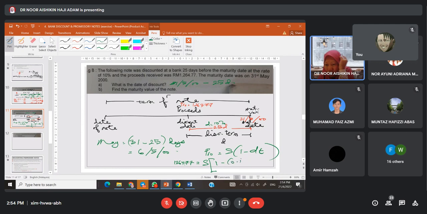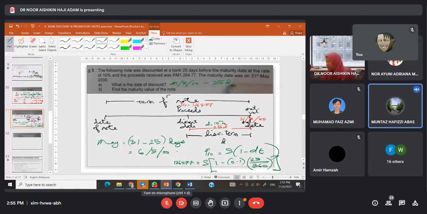So 1 minus 10%, 0.1 times T, 25 over 360. Apa jawapan? S? 1273.61 sen.